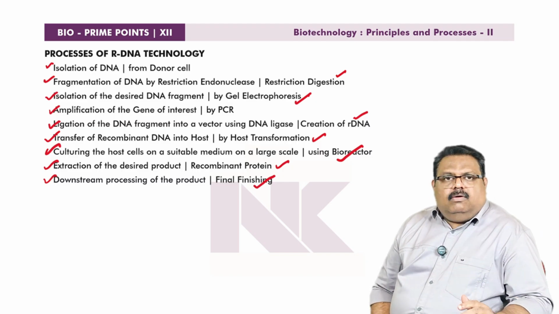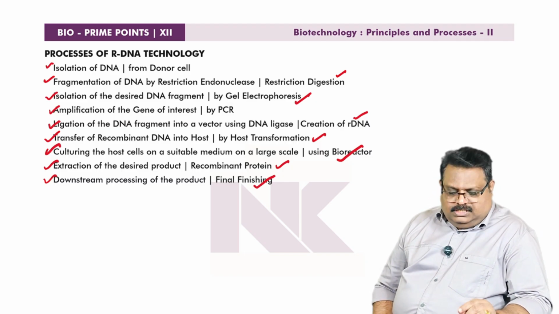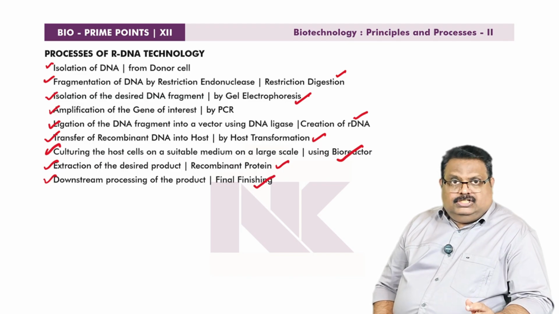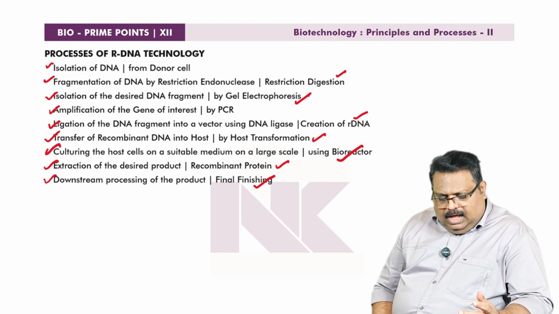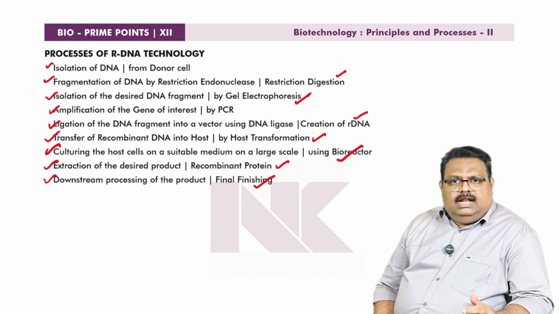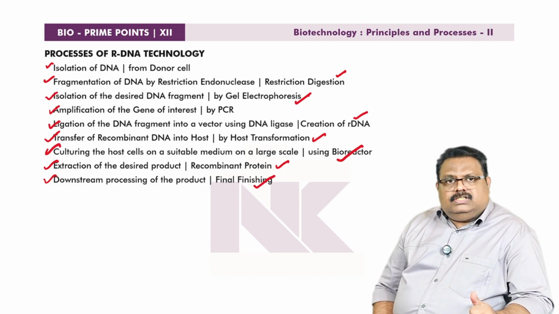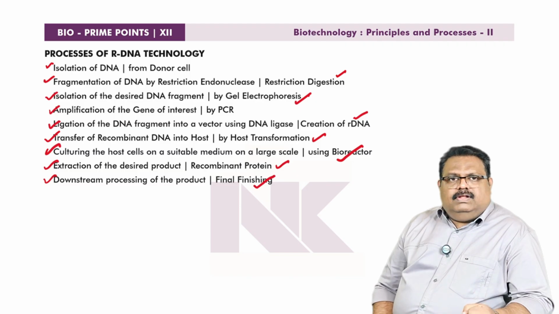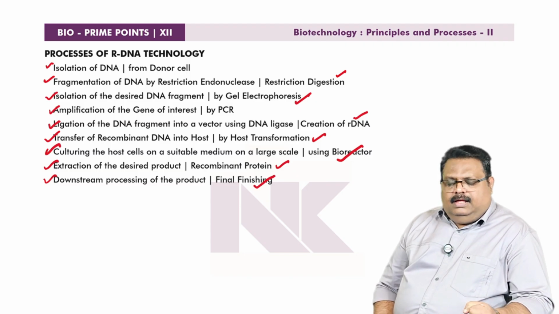So in a particular recombinant DNA, the important processes are isolation of DNA, fragmentation of the DNA by restriction digestion, isolation of the desired fragment using gel electrophoresis, then amplification of the gene of interest by using polymerase chain reaction, the ligation of the DNA fragment to the vector DNA for the creation of recombinant DNA, then transfer of the recombinant DNA into a host organism.